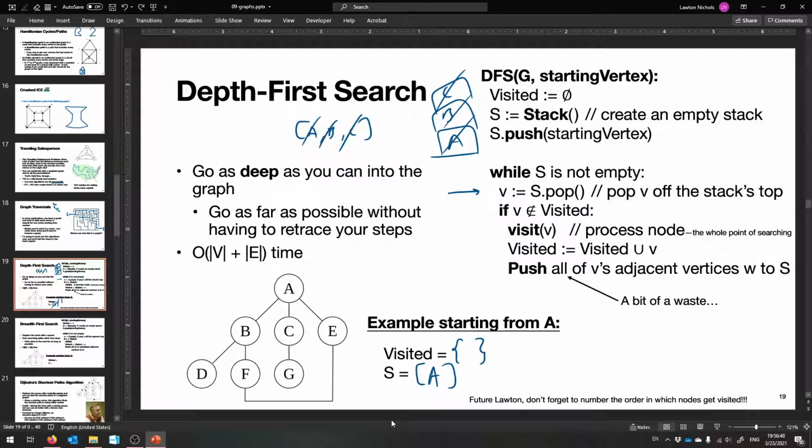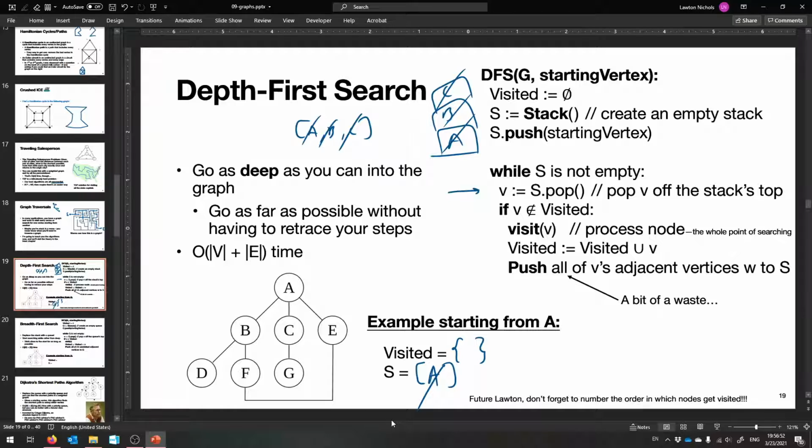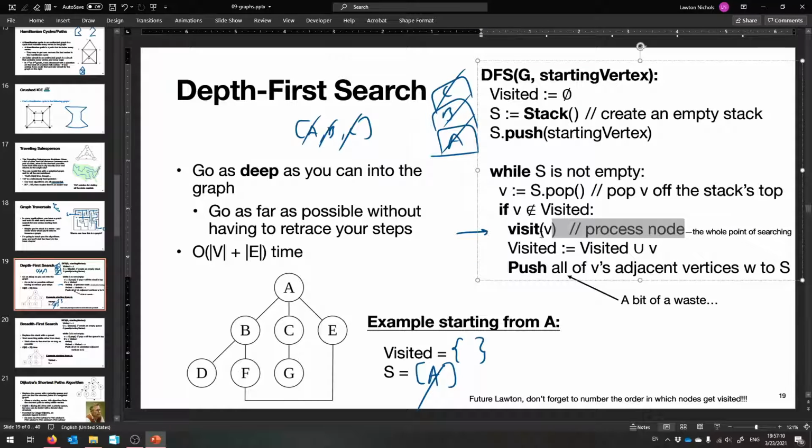So we've popped out the A, and then only if we haven't yet visited A, which we haven't, because it's not in the visited set, we're going to visit it, whatever that means for our program. Maybe it's like print it out, maybe it's like, I don't know, spend a lot of money, who knows, just process this vertex in some way.